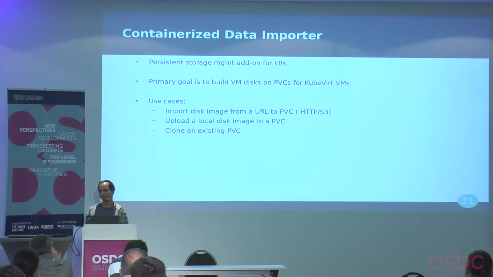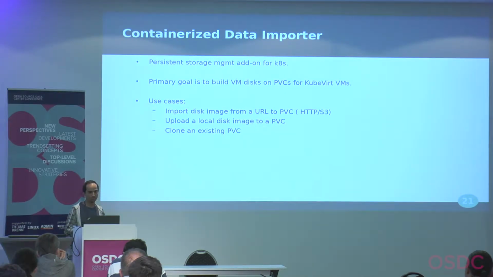We have three use cases for the CDI. We can import disk images from a URL to a PVC by making use of HTTP or S3 as the source. Then we could upload a local disk image onto the PVC, and finally we could also clone an entire existing PVC.